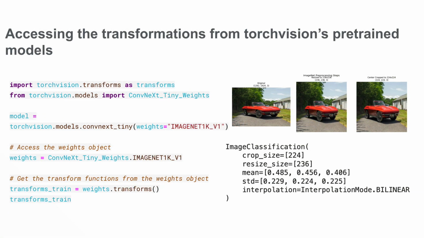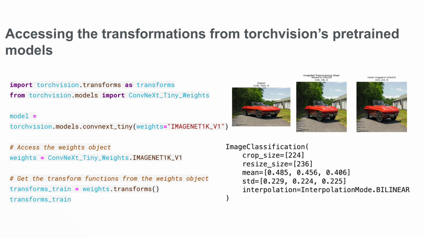So PyTorch also provides a simple way for us to access the exact transforms used during model training. We can load a pre-trained model, access its weights object, and call transforms to get the pre-processing pipeline. The output shows all parameters.